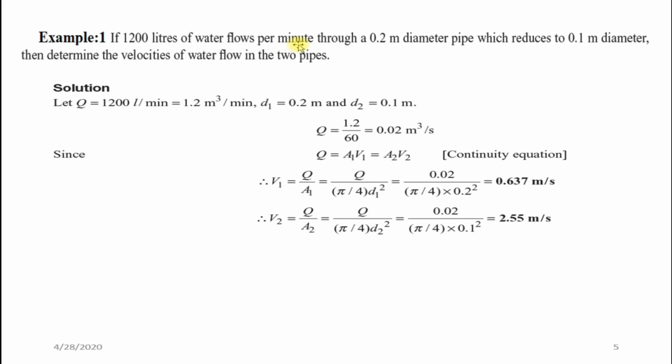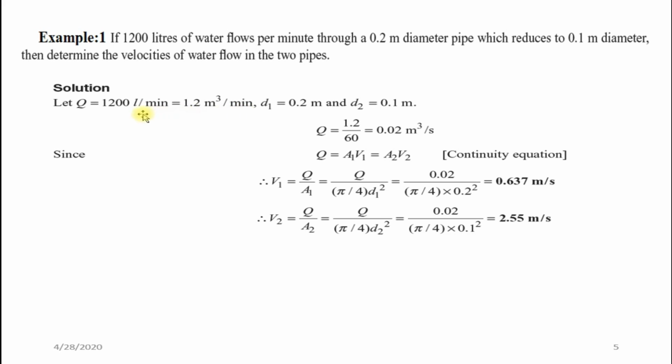Please observe. So the given data is Q, 1200 liters per minute. Liters per minute is nothing but what? It is a discharge. It is a volumetric flow rate because 1200 liters is a volume. Per minute, nothing but discharge. Now you have to convert this liters per minute to meter cube per second. Discharge SI unit is meter cube per second.